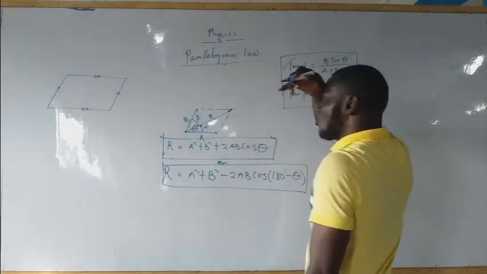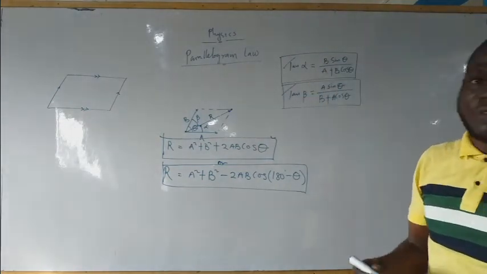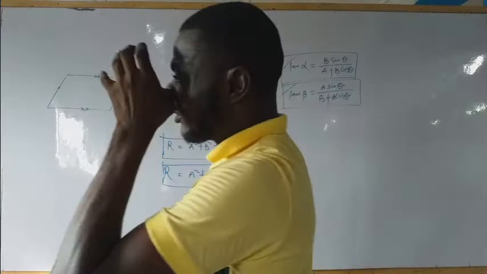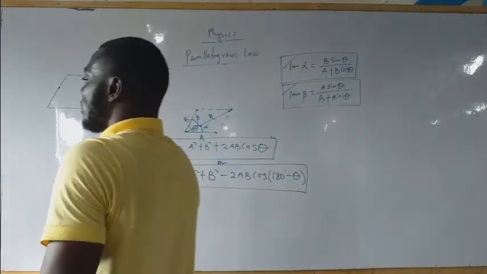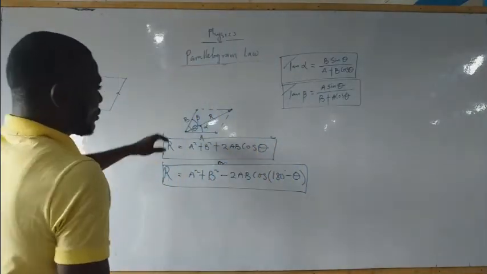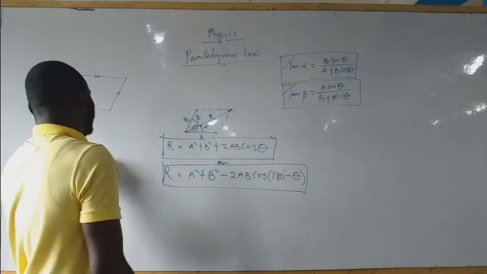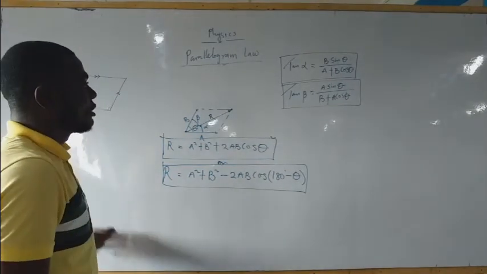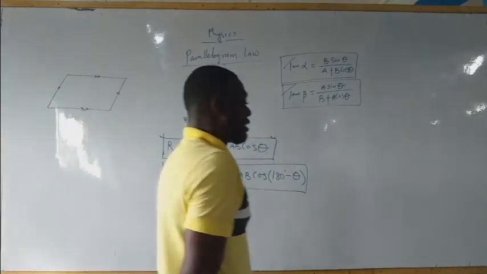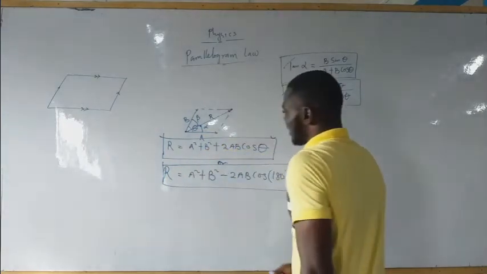Theta is the angle between the two vectors. Take note. If you want to memorize this, there's nothing there.